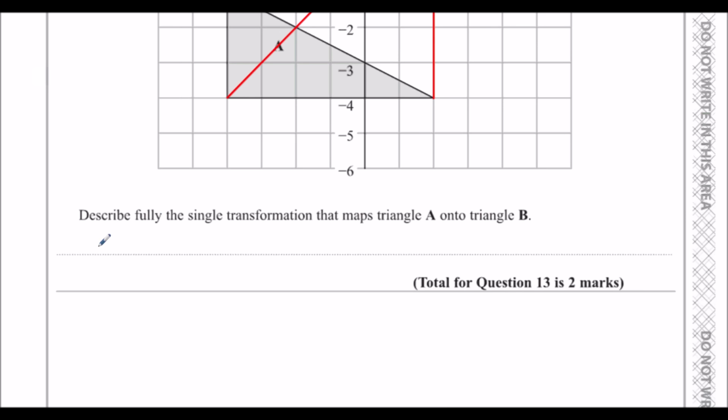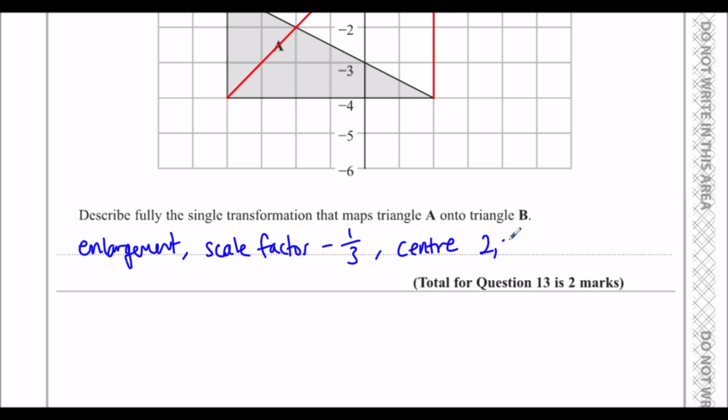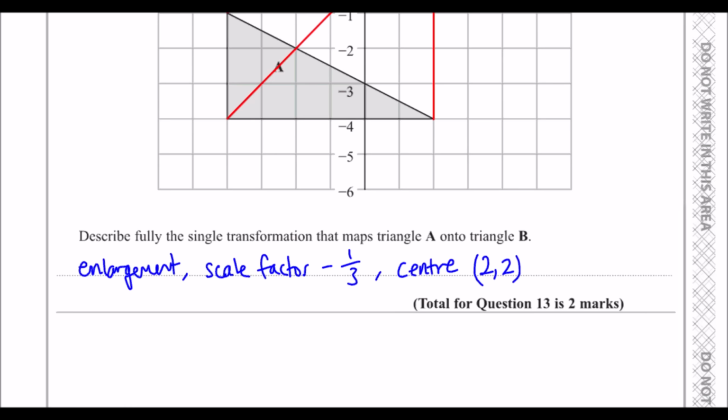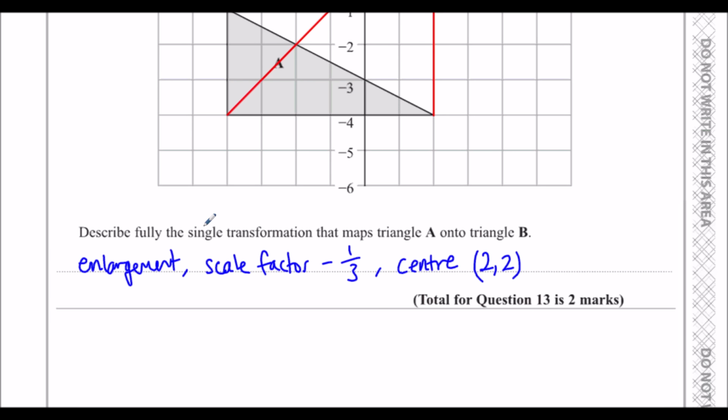So it's an enlargement. The scale factor is a negative 1/3, and the center was at 2, 2. So that's the information we need to describe an enlargement: that it's an enlargement, the scale factor, and the center.